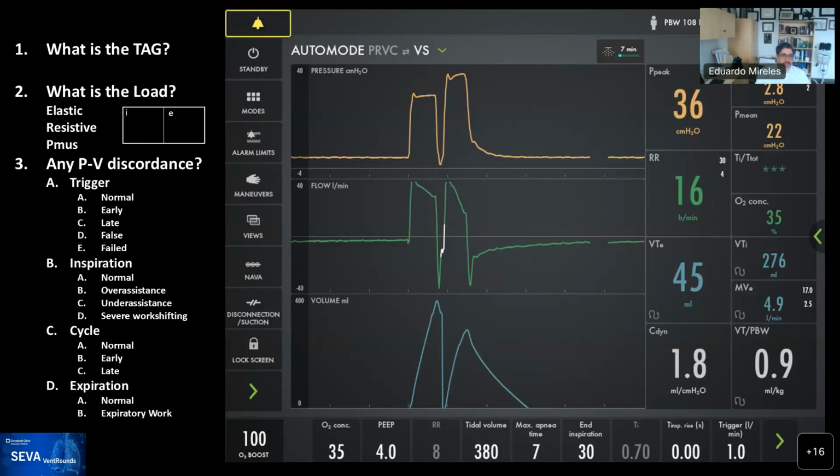I'll give another minute. Have no fear. This is where you test yourself and see if you are reading waveforms as they should.